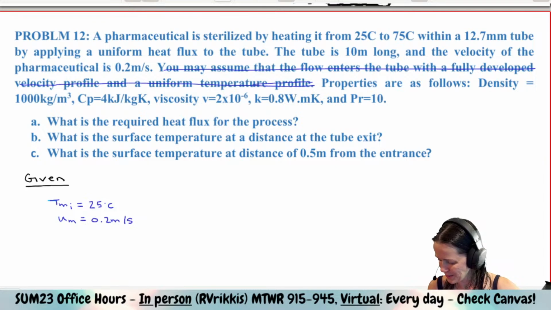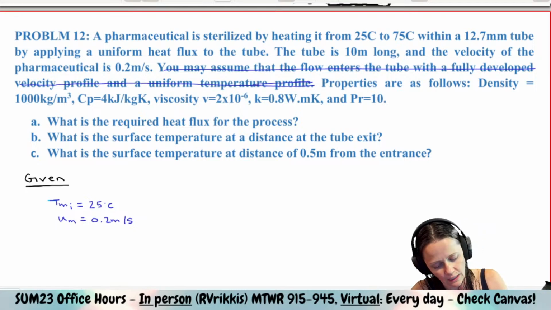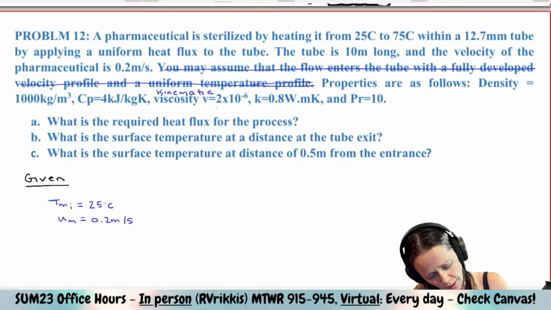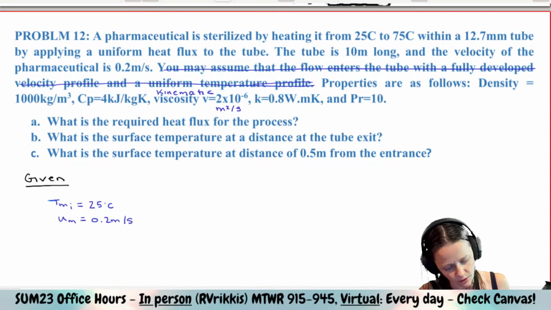We'll see shortly. But yeah, we've got properties that are given to us. So we've got a density, a CP value, and a kinematic viscosity, and the units here should be meters squared per second. And everything else looks okay.